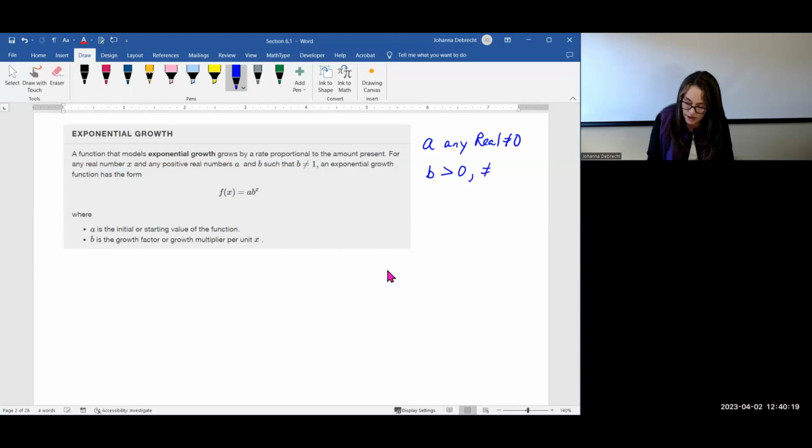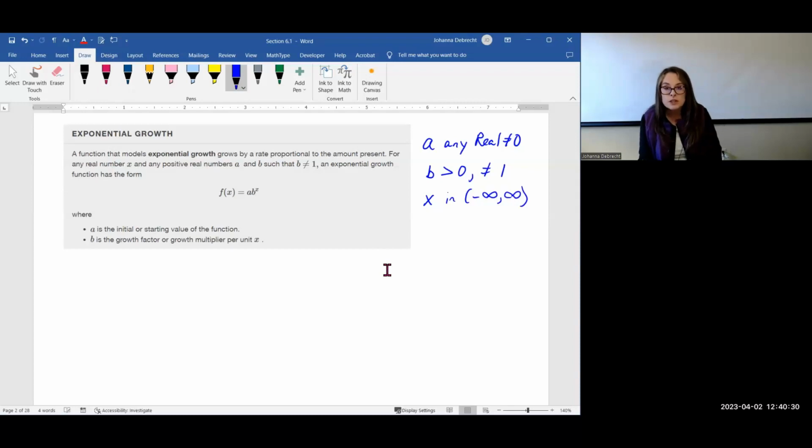And it's not 1 because that would just be boring, right? And x can be anything, -infinity to infinity, right? These are our restrictions for exponential functions. Yes, you need to memorize it, and you need to memorize it really, really well, because we're going to be using it constantly throughout this entire chapter.